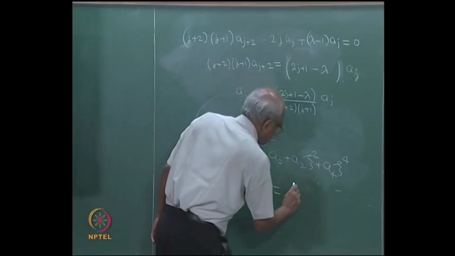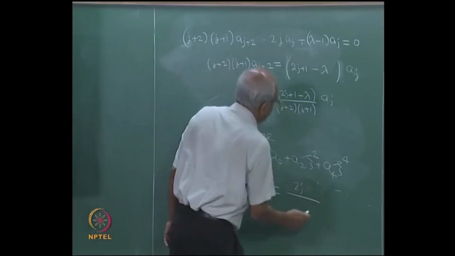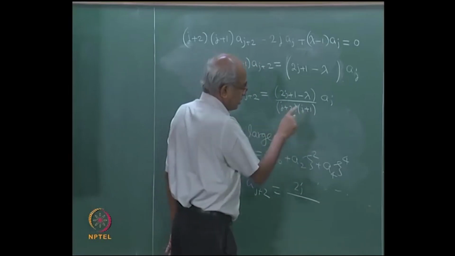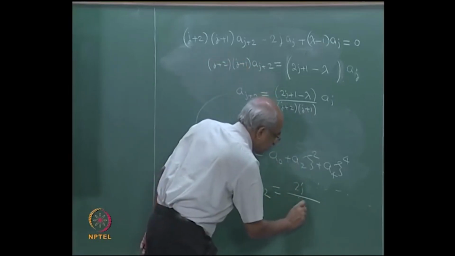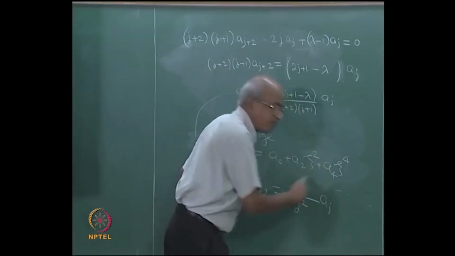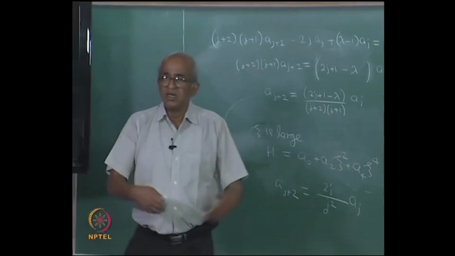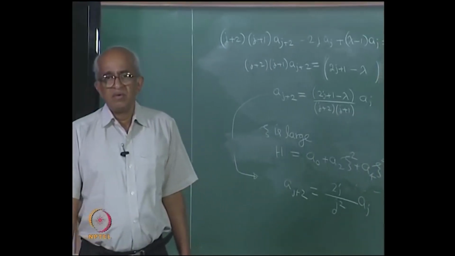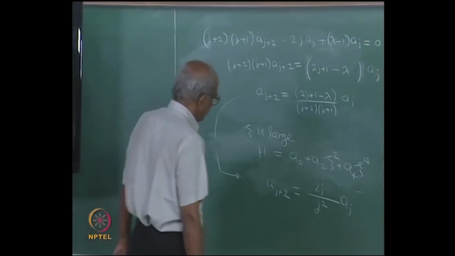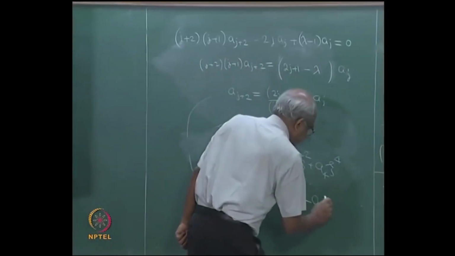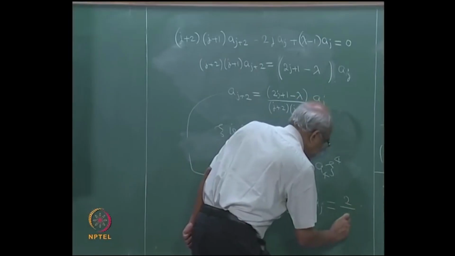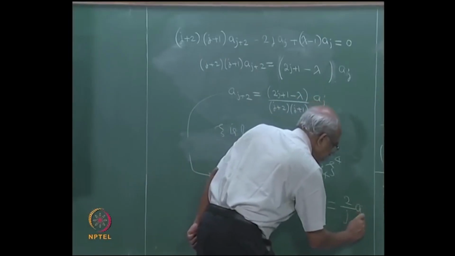You will have 2J in the numerator divided by J plus 2, you can neglect the 2, J plus 1, you can neglect the 1. So, therefore, J square into AJ. This is the form of the recursion relation when J is very large, right. And therefore, what happens is that this recursion relation becomes 2 divided by J into AJ.